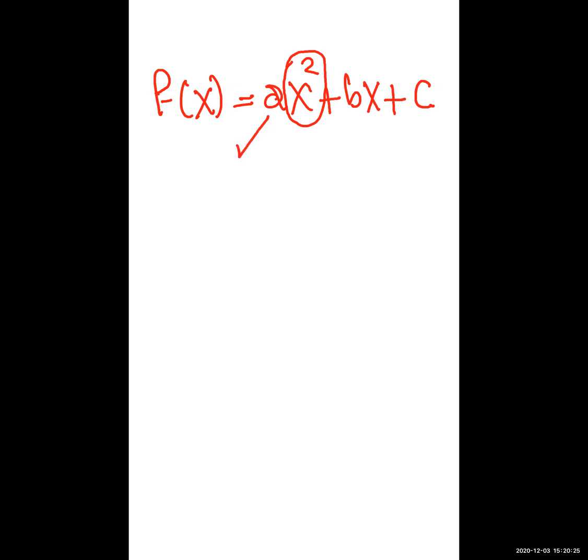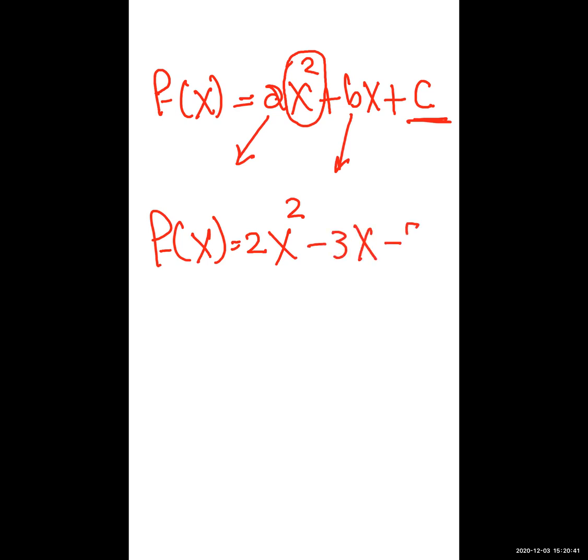So a is the coefficient of x squared, b is the coefficient of x, and c is the numerical value. I will give you one example, like 2x squared minus 3x minus 5. So now a will equal 2, b will equal -3, c will equal -5.